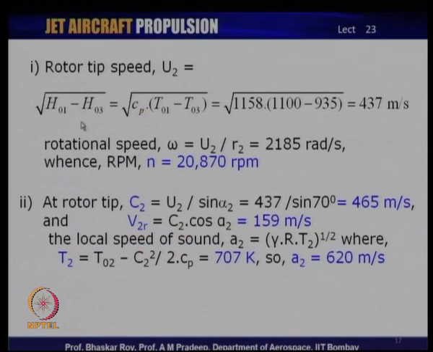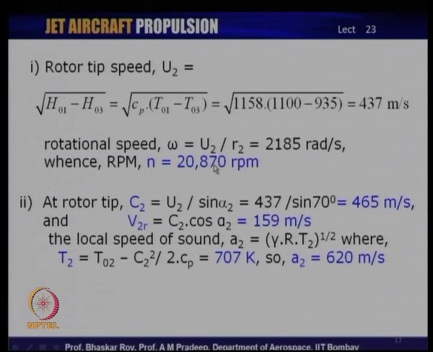The rotor tip speed can be simply found by using the isentropic laws, and if you use the enthalpy drop, you get a rotor tip speed of 437 meters per second. Now, this rotational speed can be found simply by dividing U by r, and that gives us 2185 radians per second, corresponding to which you would get the RPM equal to 20,870 RPM.